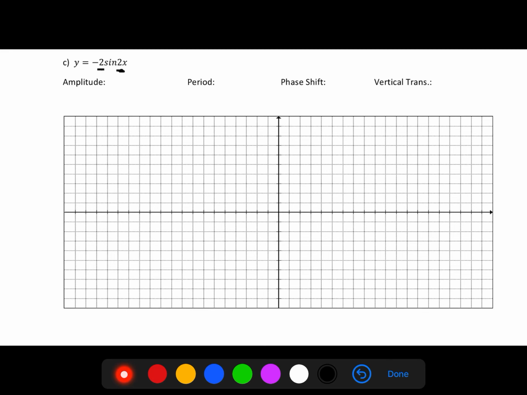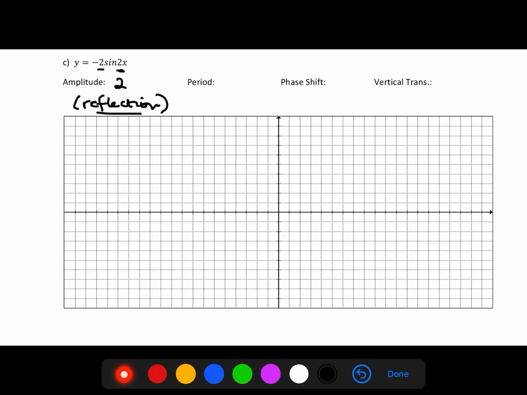Next one, we have a few different translations, or transformations. So our amplitude, again, because we're measuring basically the height of our graph, that's our A value out front. It has to be a positive value. Now that negative does tell us that there's a reflection in the x-axis.